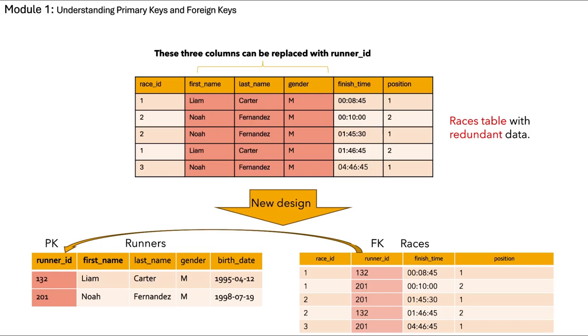In this scenario, we call the runner ID column in the races table a foreign key, which refers to the primary key of the runner table, a unique column in the runners table. These two columns, one in the races table and one in the runners table, could create a form of relation between these two tables. Just as an example, you can see in this table that we have runner ID 201.